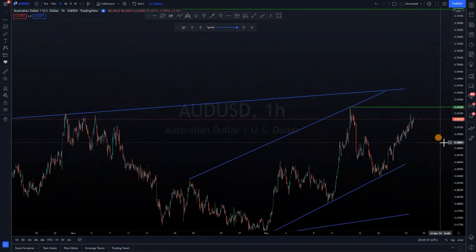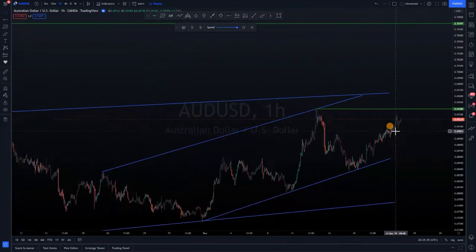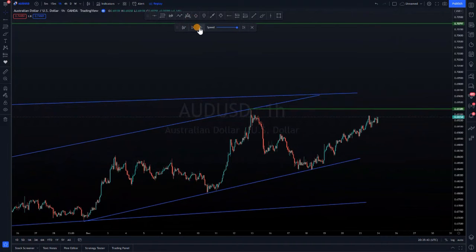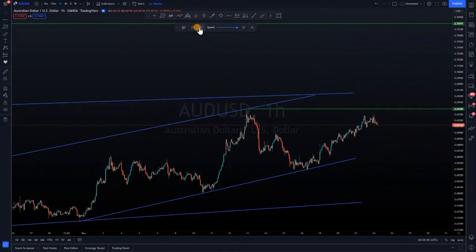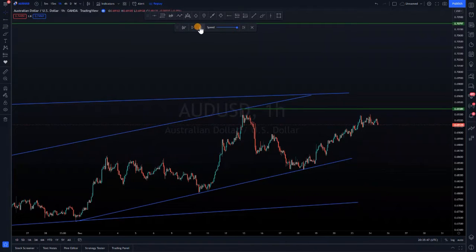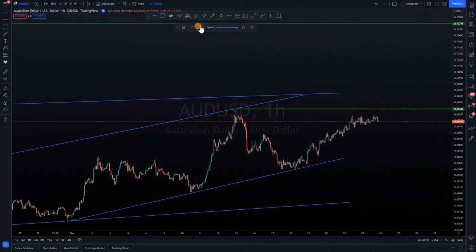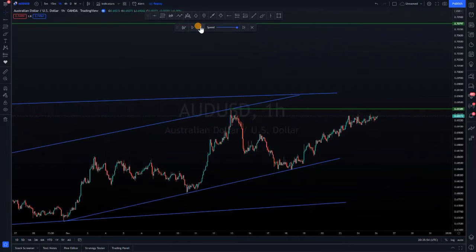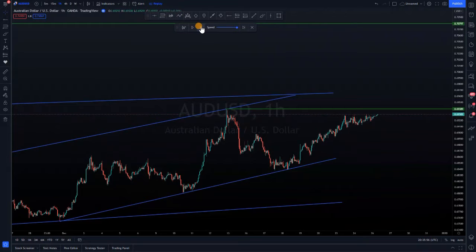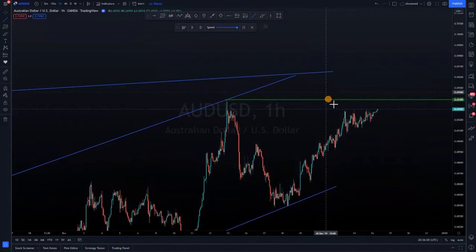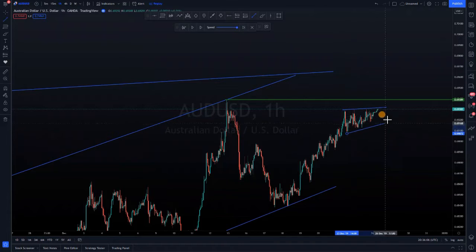Okay, guys, price was a bit lower now. We are approaching a double top area. So we want to see if it's going to respect this area.